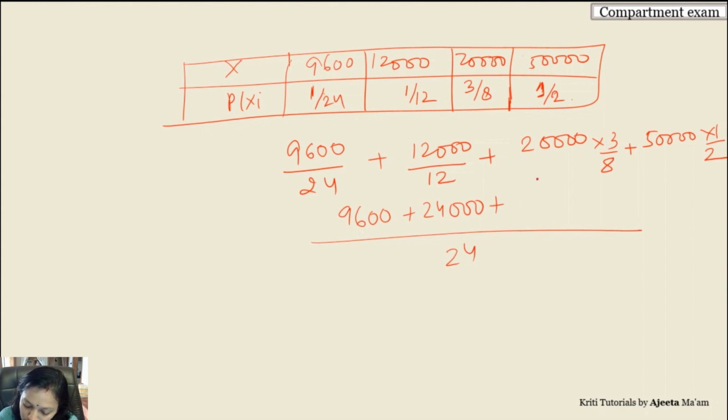So we have 6 and then again 9 2s are 18. Right? So what do we get here?